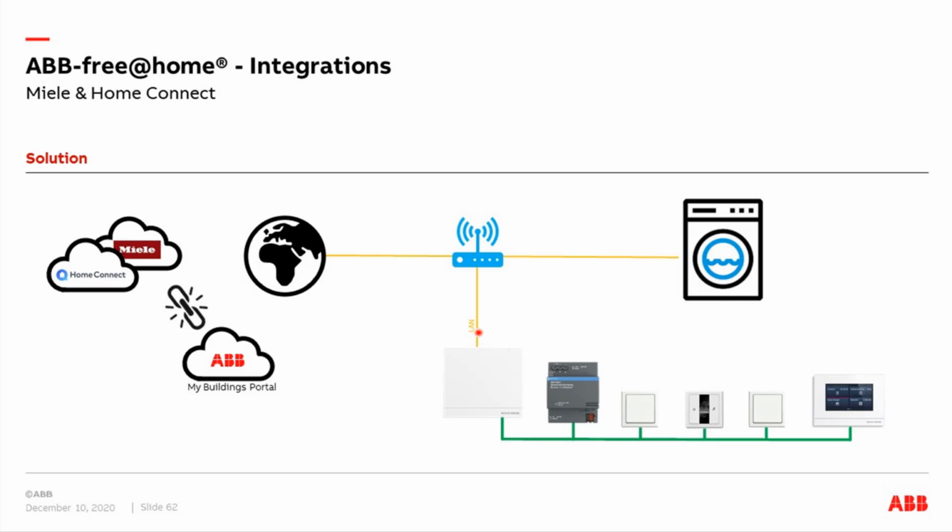Important here also: the smart access point and the home appliance devices must be connected to the internet. So the My Buildings service must be activated for the system access point, and the home appliance devices also have to be connected to the internet.